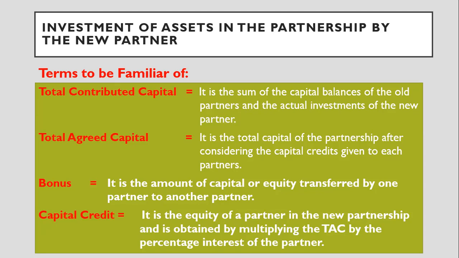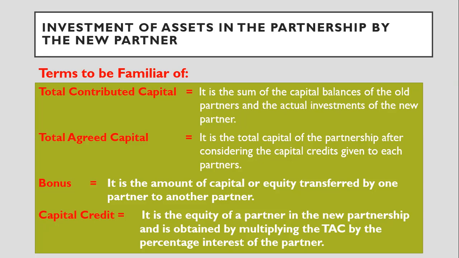It is the total capital of the partnership after considering the capital credits given to each partner. This is the true capitalization of the partnership. Then we have bonus. It is the amount of capital or equity transferred by one partner to another partner.